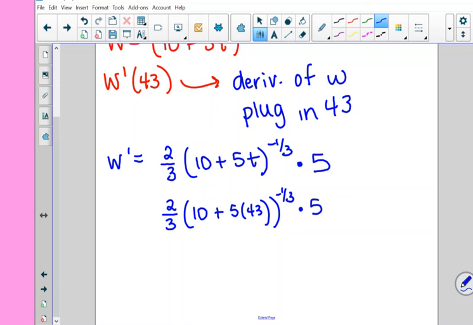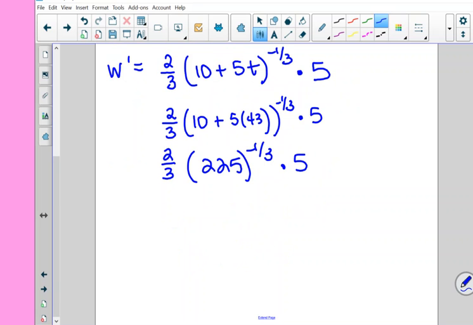We've got a calculator to do the computations, so they don't have to be nice. That's 2/3 times 225 to the negative 1/3 times 5. If we didn't have a calculator, 1 over the cube root of 225 isn't something we can just pull out of a hat, but my calculator can.